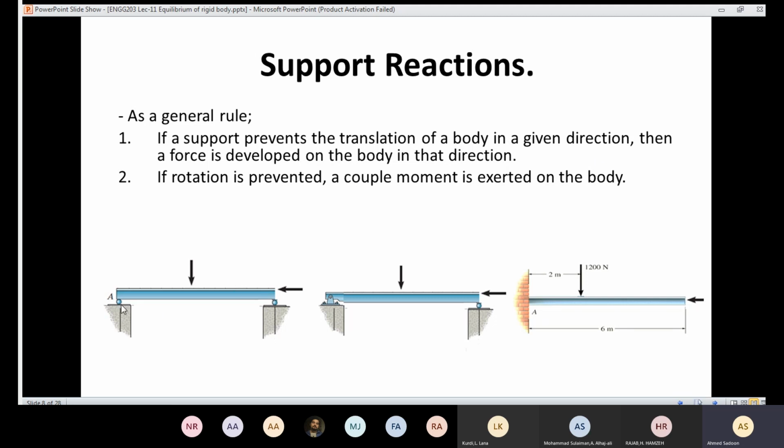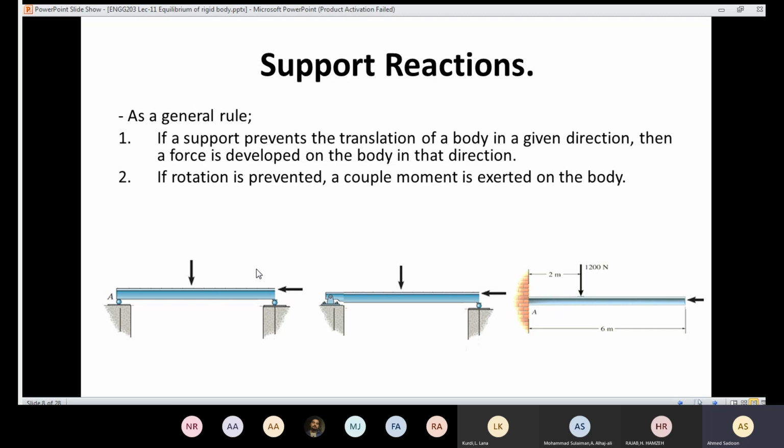So here we have a support reaction, here we have a support reaction, here and there. If that support reaction is going to prevent the body from moving in a direction, for example, if that support here is going to prevent the body from moving in that direction or in that direction, then that support reaction is going to develop a force in the opposite direction.